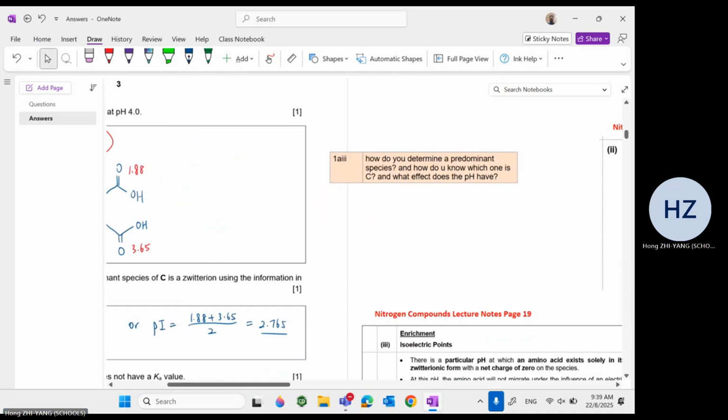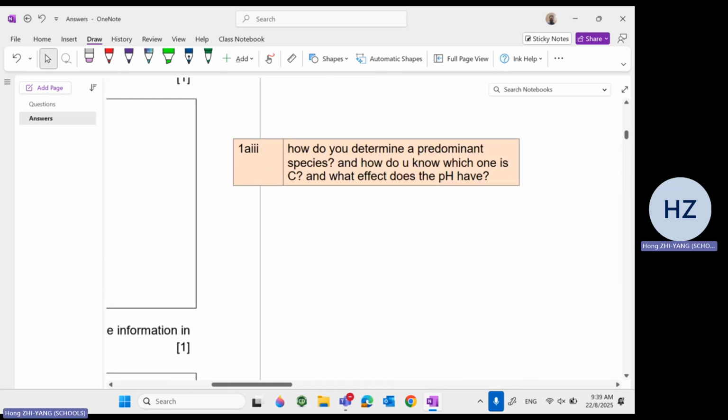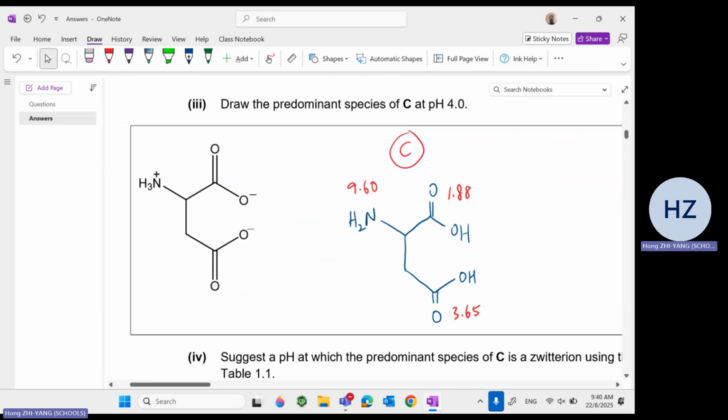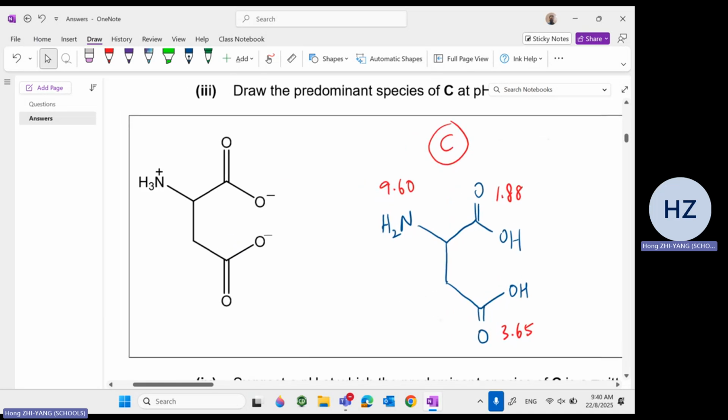Okay, this is the one I want to answer properly. How do you determine the predominant species, how do you know which one is C, and what effect does the pH have? I answered which one is C already. So I want to answer how do you determine the predominant species. For part 3, they are saying draw the predominant species at pH 4, right?